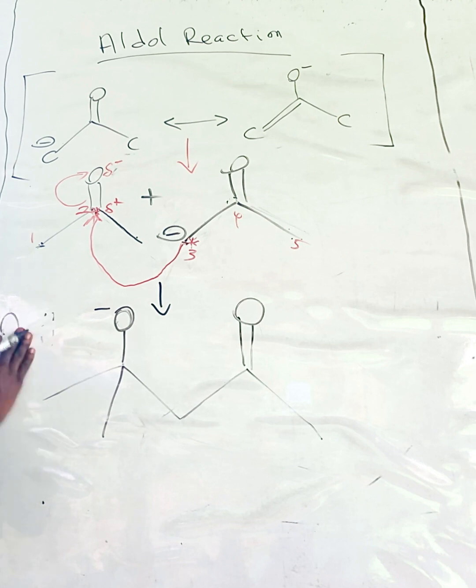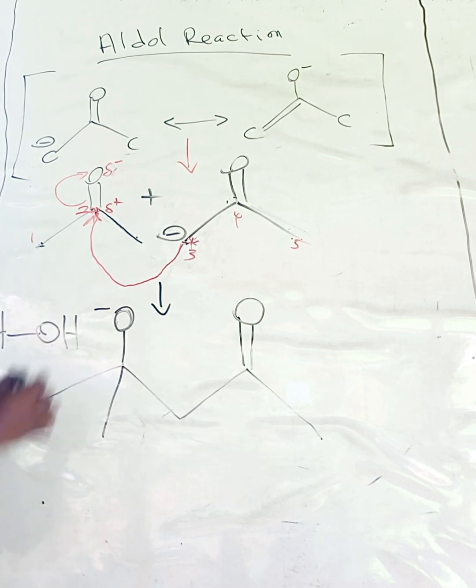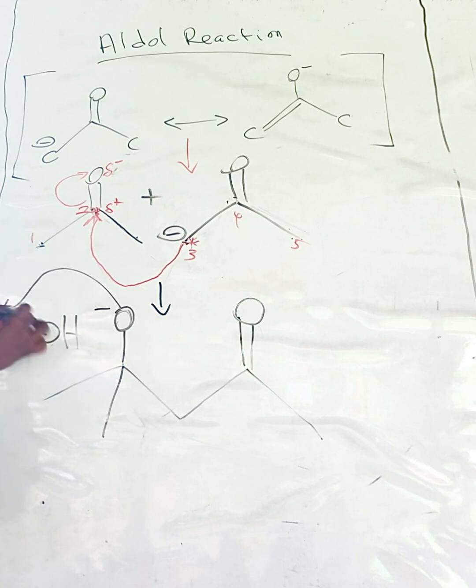This is the proton. Let me write it well for you to see. So this was the proton that the base abstracted. Now our negatively charged oxygen comes to pick our proton, and as I said, don't forget we are picking a proton, not a hydrogen atom, right? So it has to leave without an electron. So the electron between this system and this hydrogen has to be broken onto the base.